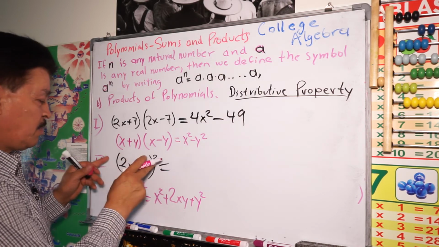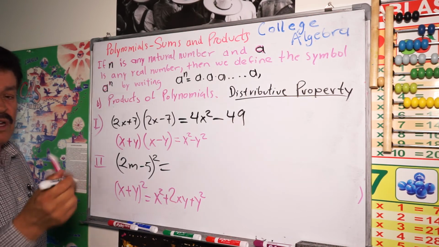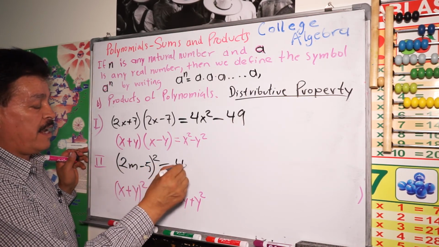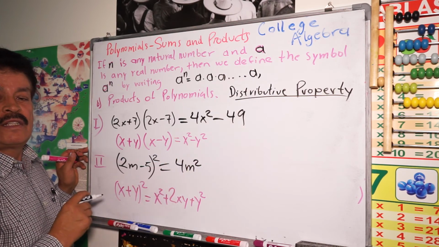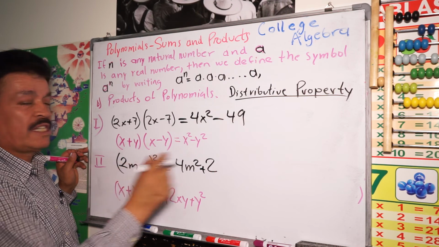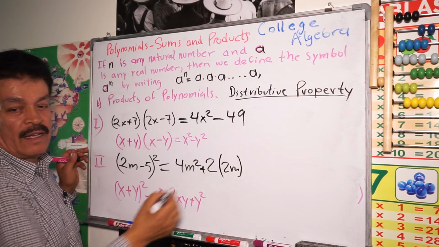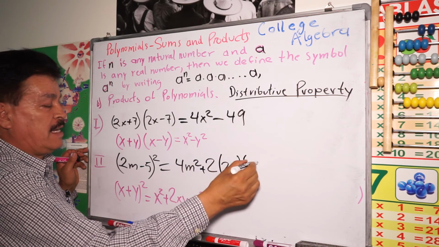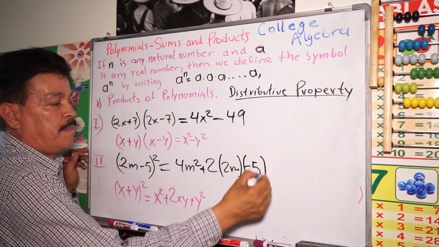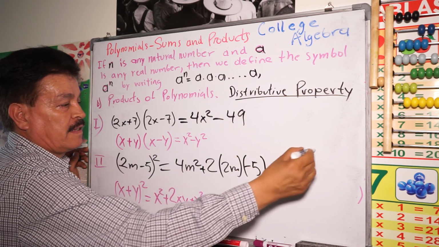This problem is the same as this. Therefore, our problem is going to be the square of the first one, 4m squared, plus 2 times 2m times minus 5. Follow the rule. Plus the square of the last one, minus 5.